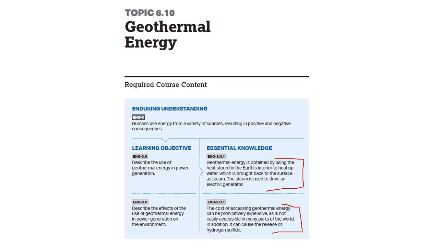It can also release small amounts of hydrogen sulfide, sulfur dioxide, and other atmospheric pollutants, but again, minimal compared to some of the other energy sources. Hydrogen sulfide is kind of unique to geothermal. None of our other energy sources release hydrogen sulfide, but again, usually minor amounts.